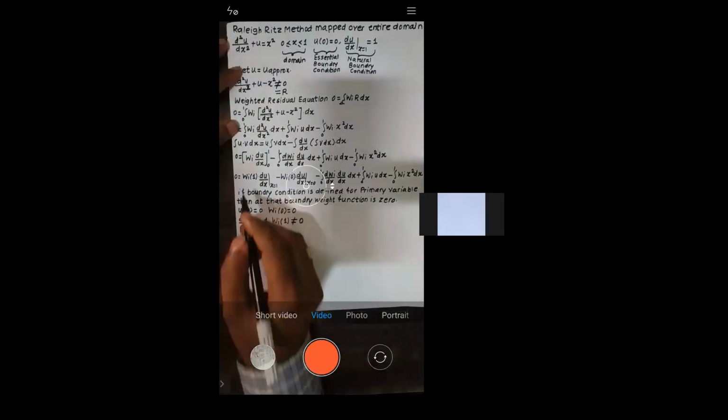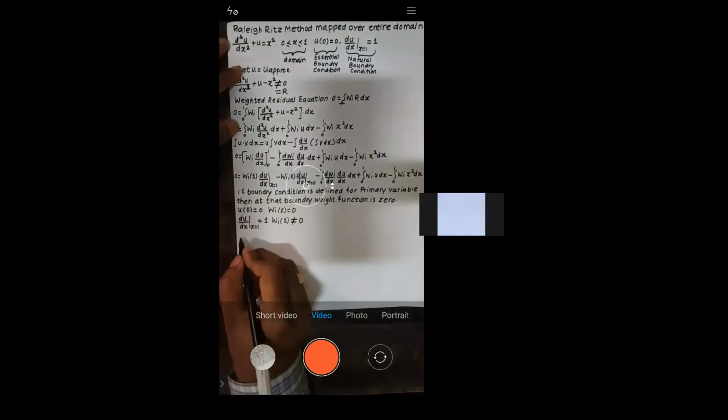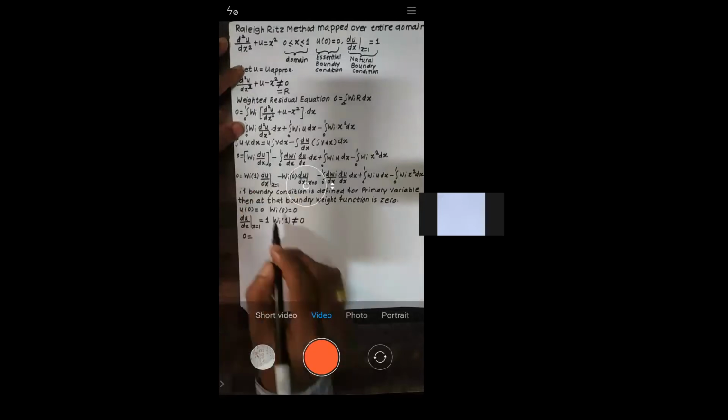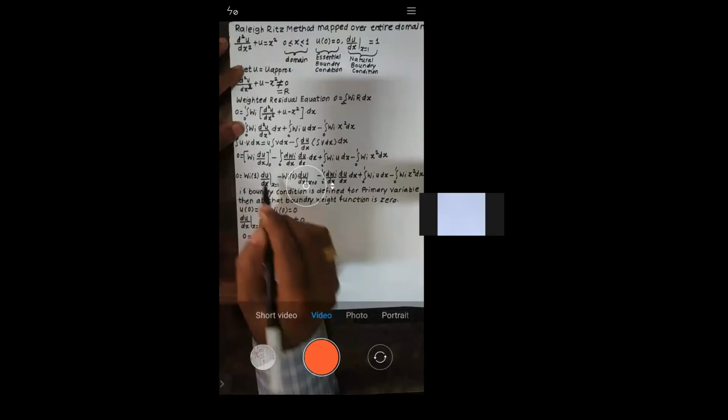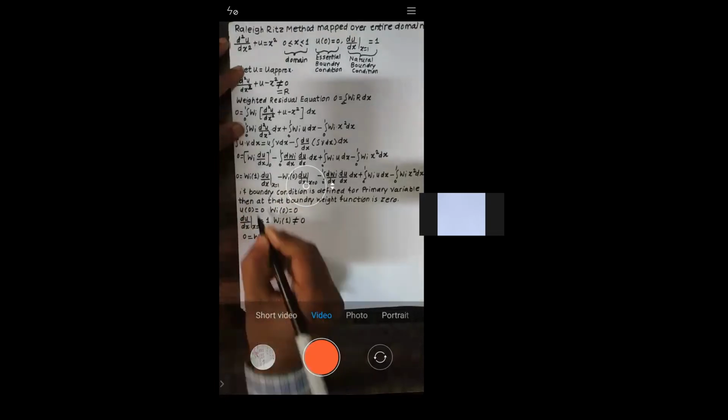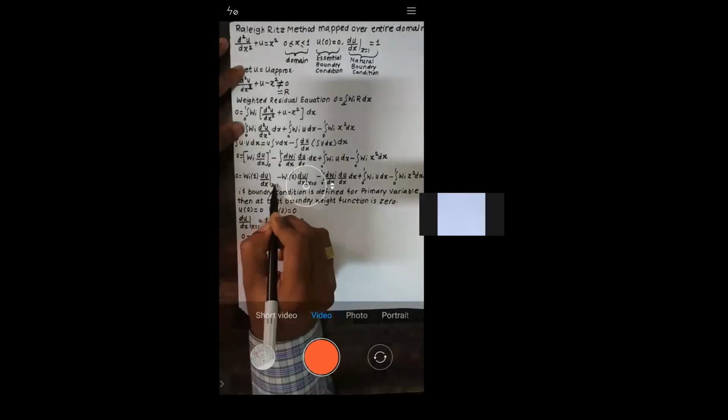Now can we put this value here? So I'll put 0 is equal to, what is the weight function at x equal to 1? You don't know this value. So I will write down the weight function at x equal to 1. Now what is du by dx at x equal to 1? See here, du by dx at x equal to 1.